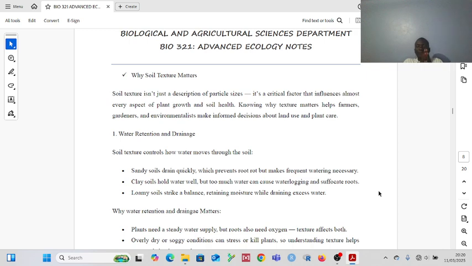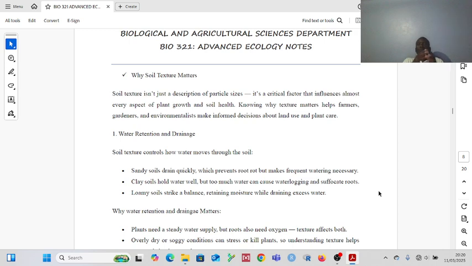So when you have healthy soil, soil that has enough nutrients and does not hold onto the nutrients, has enough aeration, does not lose so much water, and does not hold onto water for too long, then you are talking of soil that is good. Such soil can support plants that are very healthy.